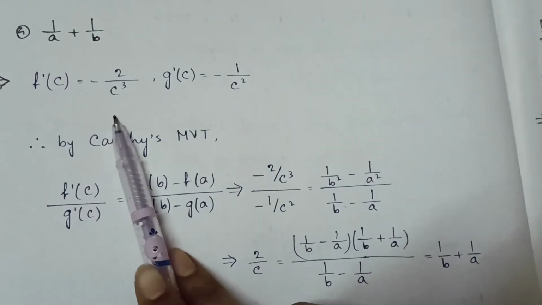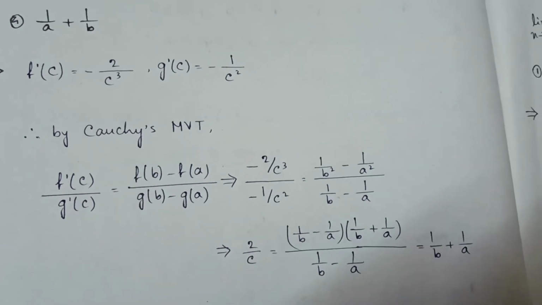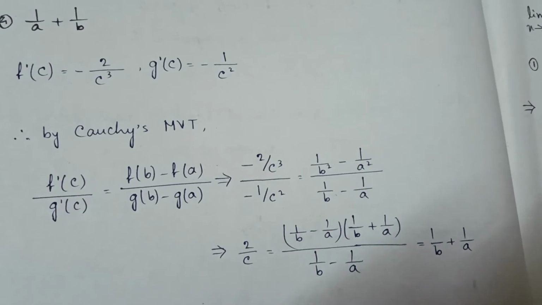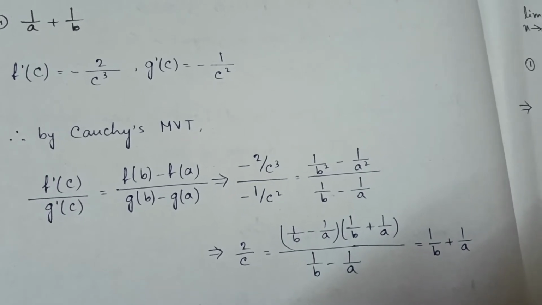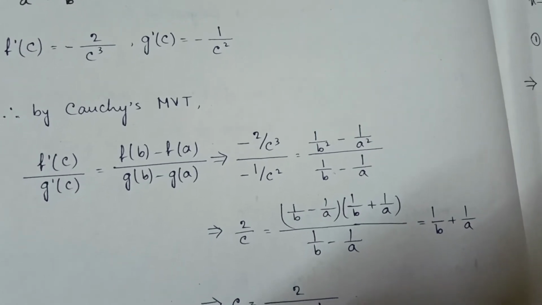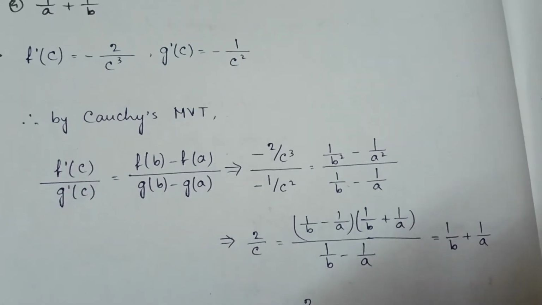We know that f dash c is minus 2 over c cubed. Since f(x) was 1 over x squared, f dash x is minus 2 over x cubed, so f dash c is minus 2 over c cubed, and similarly g dash c is minus 1 over c squared.